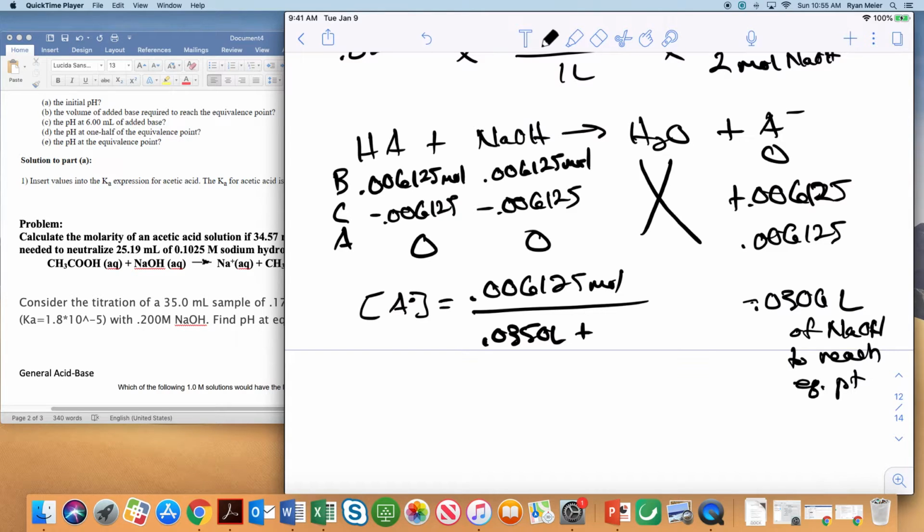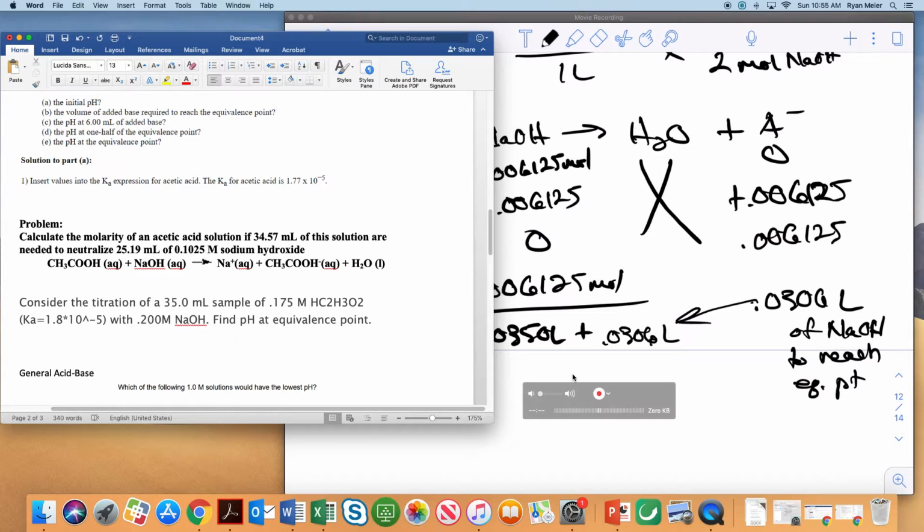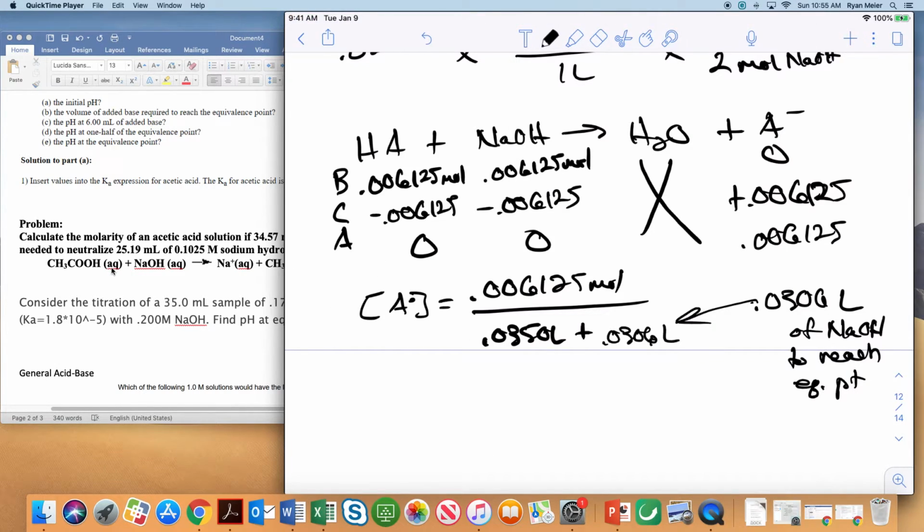That's going to have to get plugged in here. It wasn't part of the previous problem anywhere, so I have to find it as part of my problem, which is just one extra thing that makes these equivalence point problems fairly long.